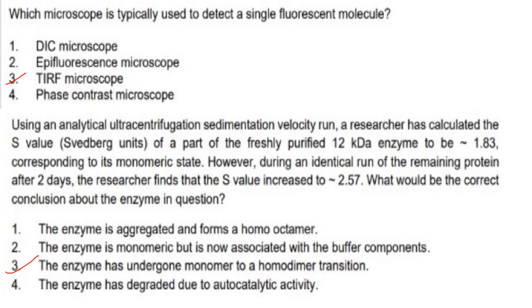The enzyme is monomeric but is now associated with buffer components. That is also not correct. The enzyme has undergone a monomer to homodimer transition. That could be possible. The enzyme has degraded due to autocatalytic activity. If it has degraded, then its size would not have increased.